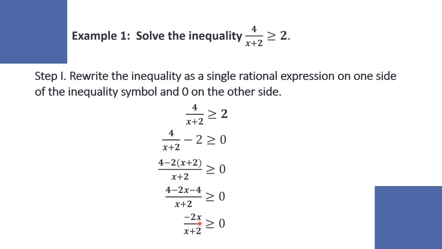The remainder is negative 2x over x plus 2 is greater than or equal to 0. So the rational inequality now is in a single rational expression on one side of the inequality symbol, this one, and 0 on the other side. That is step 1.